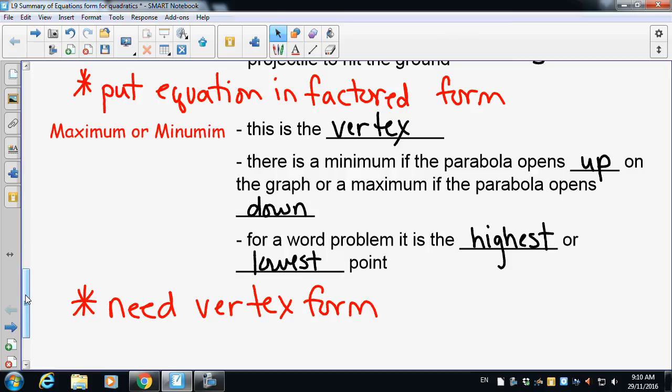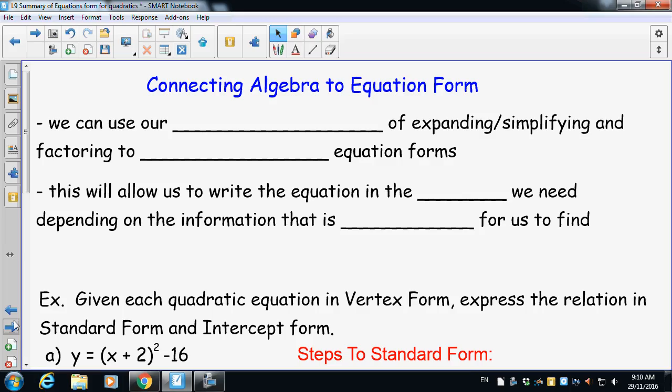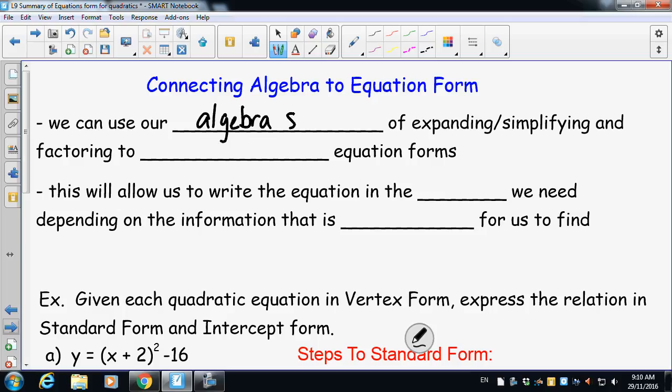So the reason we've been doing all this algebra work is so that we can actually change back and forth between those forms. And some are easier than others. So we are going to take our algebra skills, those skills we've learned about expanding and simplifying and factoring, so that we can change between those forms of equation to get the information we need without having to always make a graph.